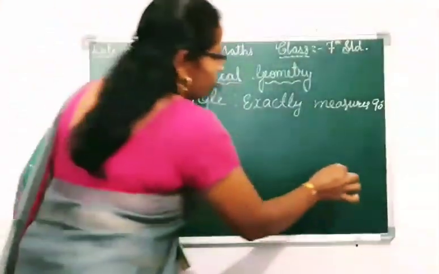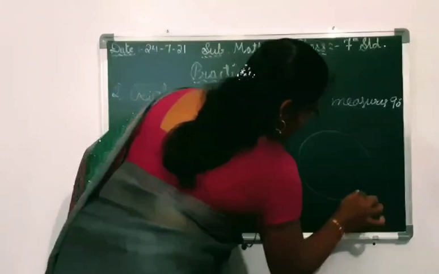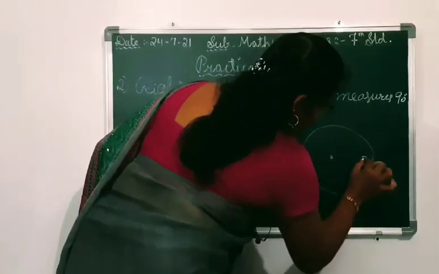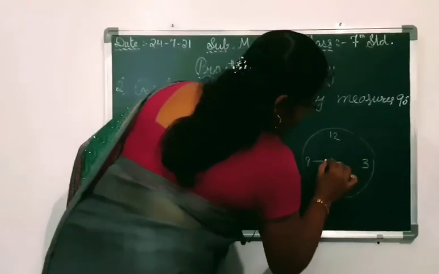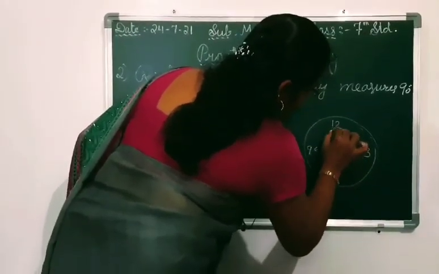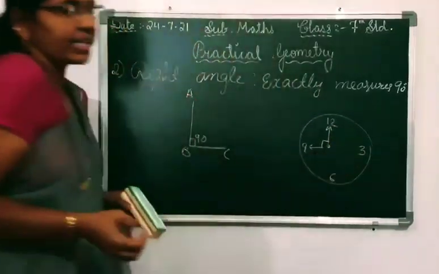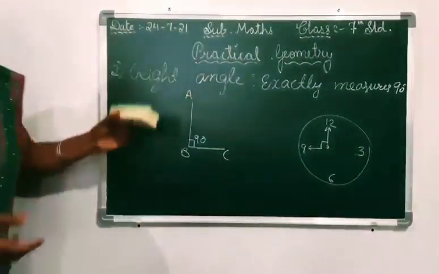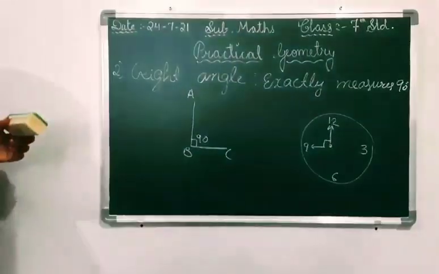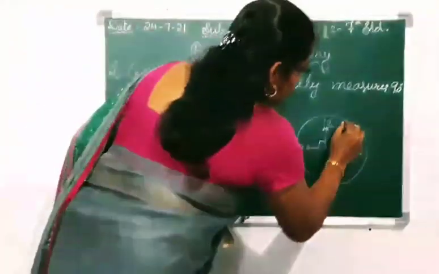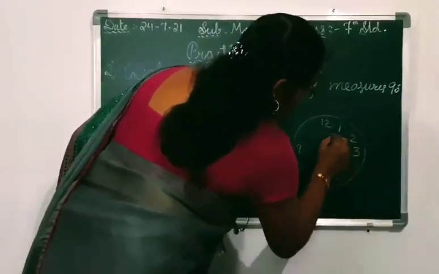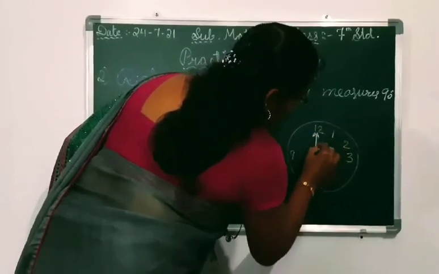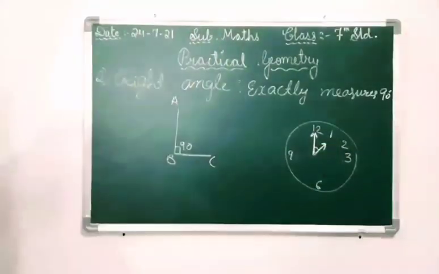See children, in a watch also you can observe. Sharp 9 o'clock shows a right angle. Otherwise 3 o'clock shows a right angle. But 1 o'clock shows an acute angle.